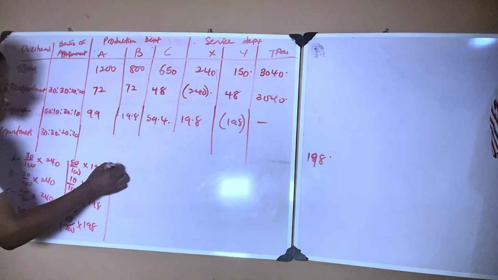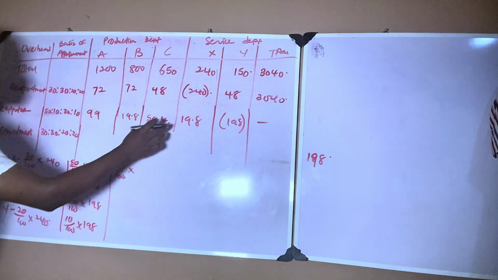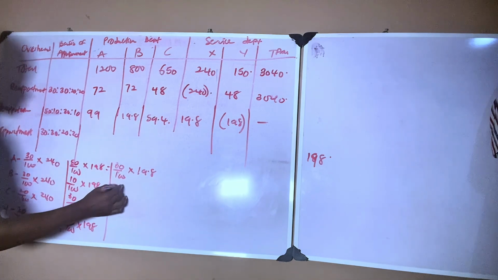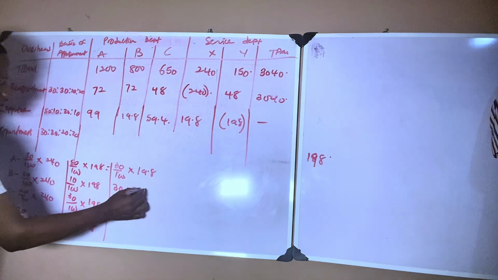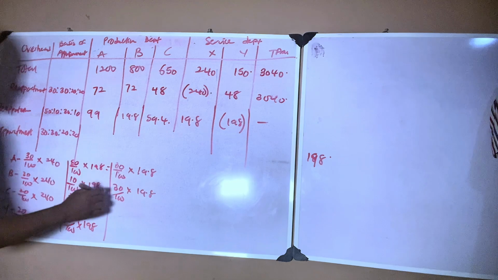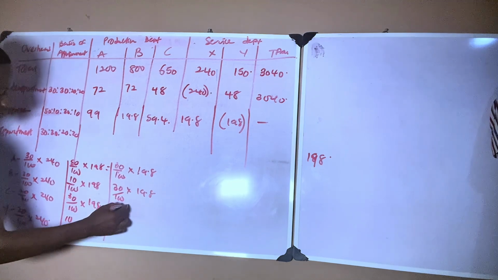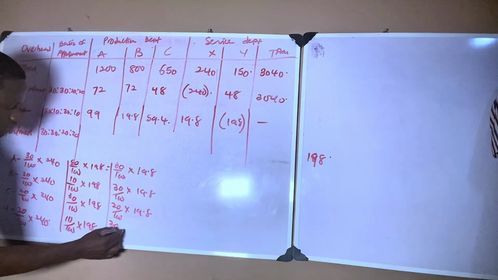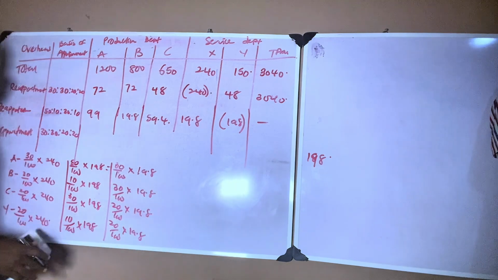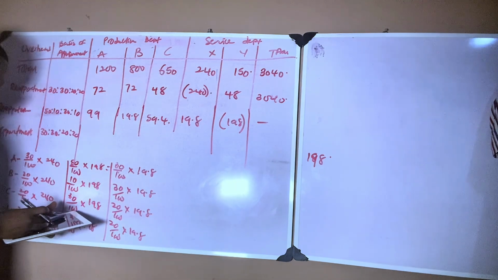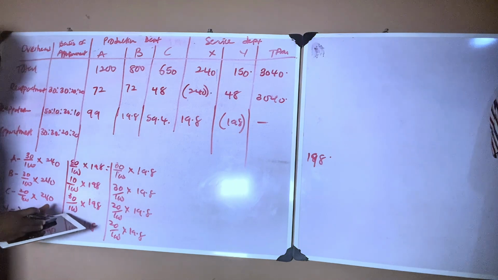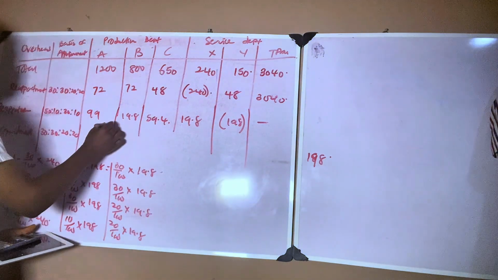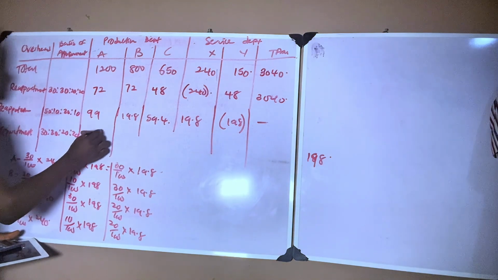So 30 divided by 100 times 19.8, then 30 divided by 100 times 19.8, then 20 divided by 100 times 19.8, and also 20 divided by 100 times 19.8. 30 divided by 100 times 19.8 gives us 5.94.